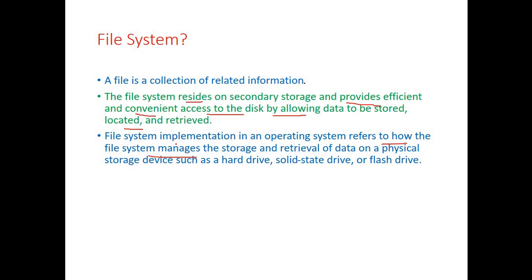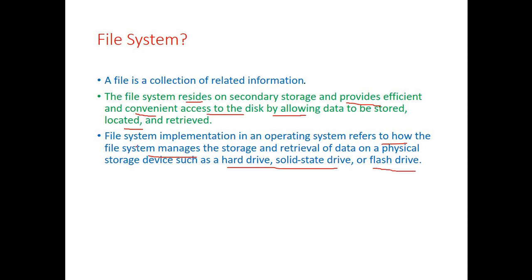File system implementation in an operating system refers to how the file system manages the storage and retrieval of data on physical storage devices such as hard drive, solid state drive or flash drive. Hard drive and solid state drive are nothing but secondary storage devices.